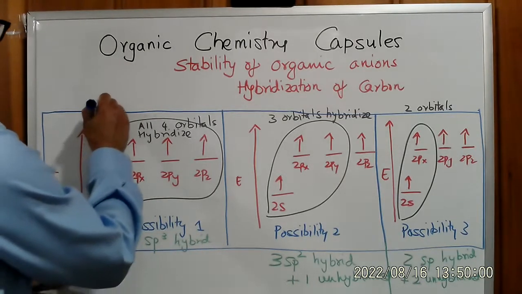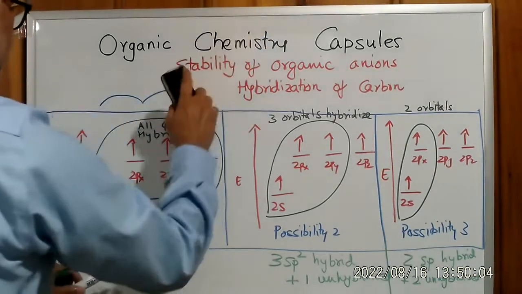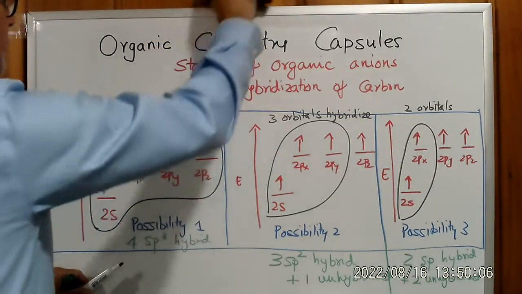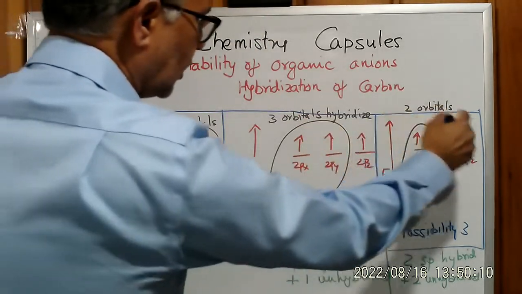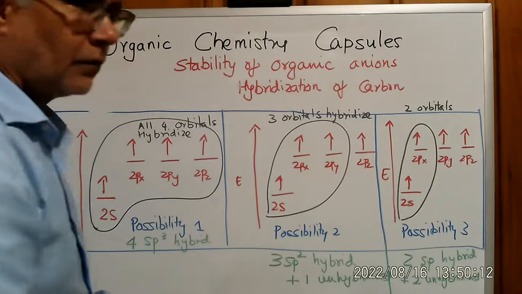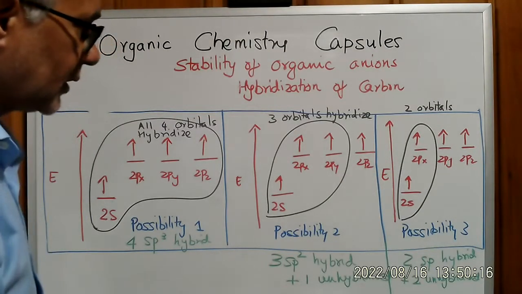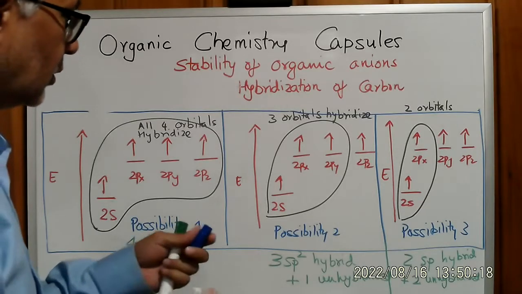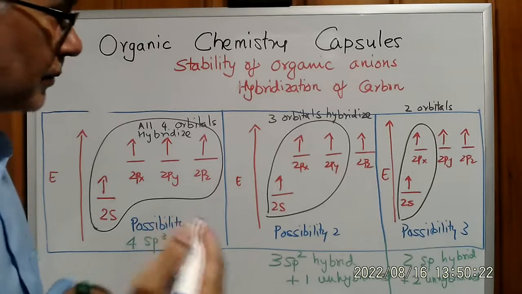This part of the screen talks about that. And in the middle portion, it's a different hybridization, and on the right side, another possibility for carbon to hybridize, and that's the versatility of carbon. It can do different hybridizations and forms different types of compounds.